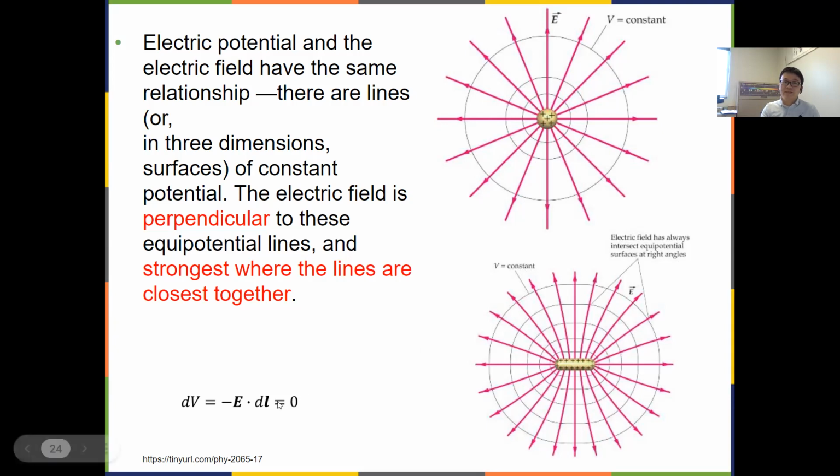So minus E dot dl equals 0. That means the E field is perpendicular to the surface, in the normal direction of that surface. So the result is that an equipotential surface or line should be perpendicular to the electric field.